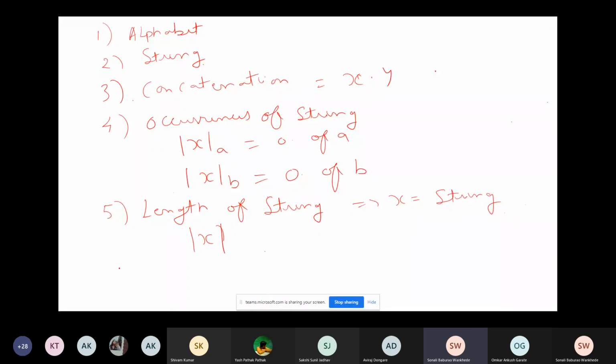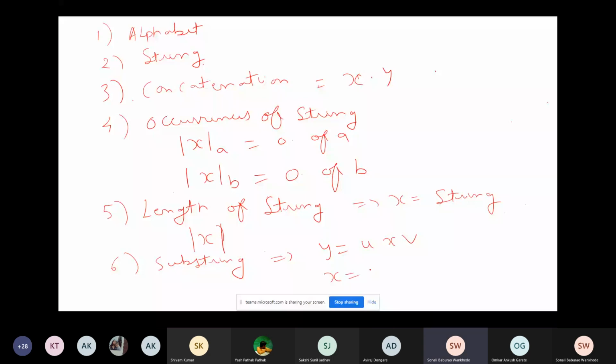Now the sixth one we have seen, and that is very important, is the substring. To compute a substring, it is always in the form y is equal to uxv, or x is equal to uyv. So remember it in this way.